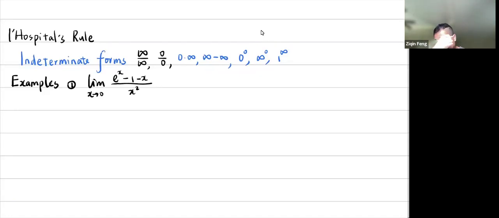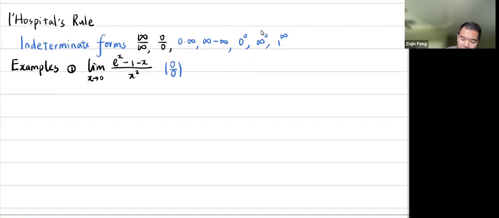Now if you plug in 0, the numerator goes to e to 0, which is 1, 1 minus 1 is 0. So this is 0 over 0, an indeterminate quotient. So if the limit exists, it is the same as the limit of the quotient of the derivatives of numerator and denominator.